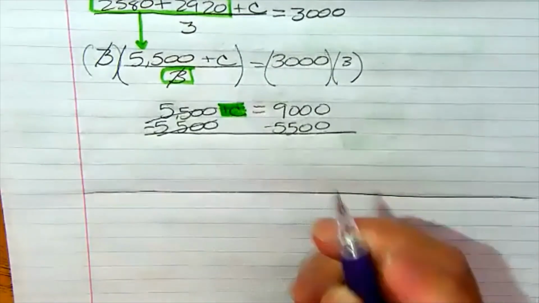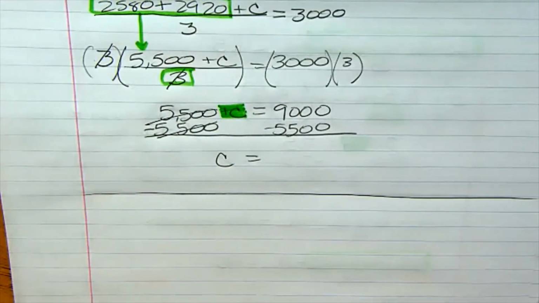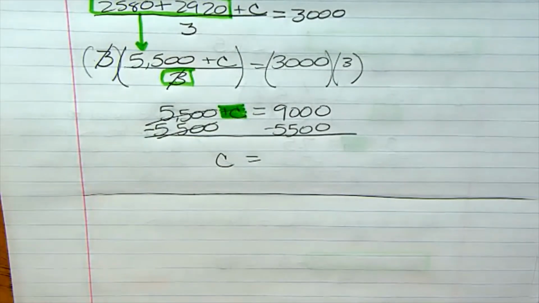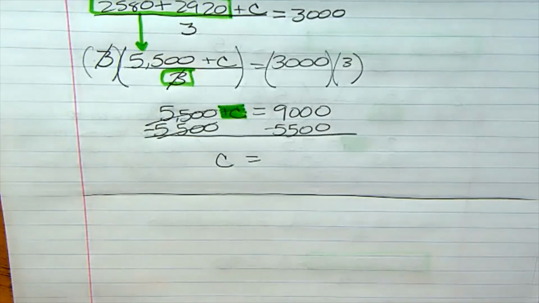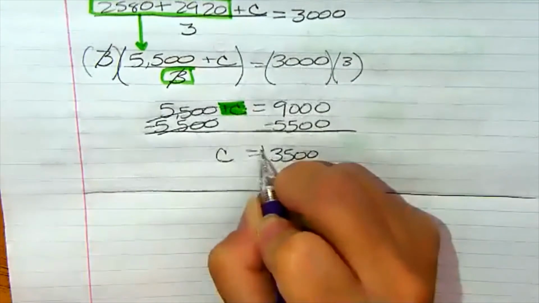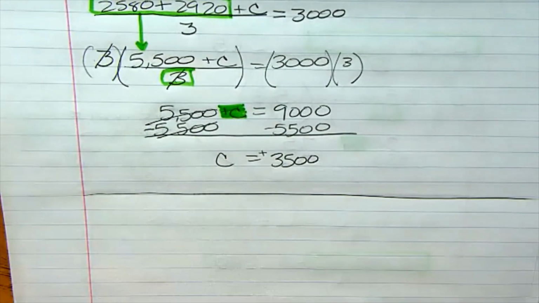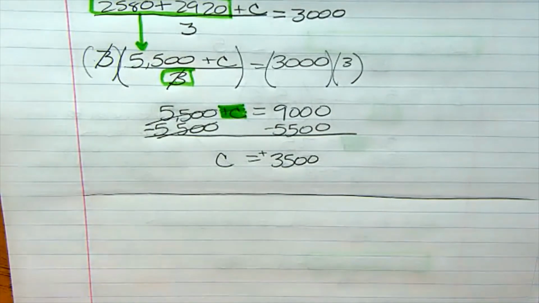So these cancel and I'm left with C equals 9,000 minus 5,500 equals 3,500.